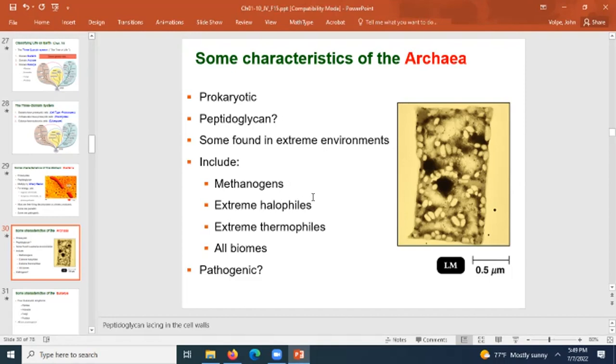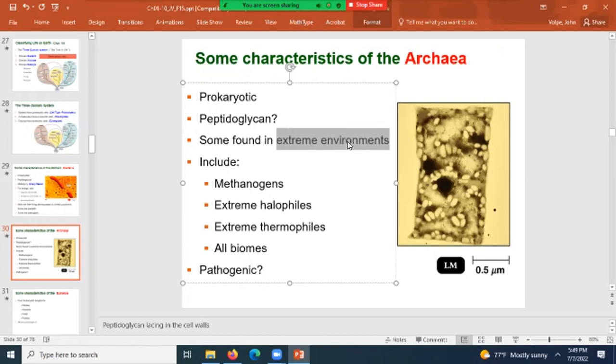However, if we look at the biomes, we can find the Archaea in all of the Earth's biomes. So the Archaea are found everywhere on the planet Earth. They were initially found in the extreme environments, and some authors say that they are found in the extreme environments.